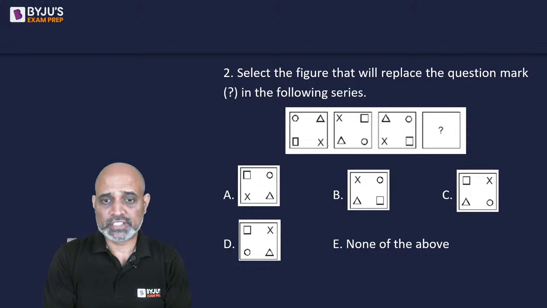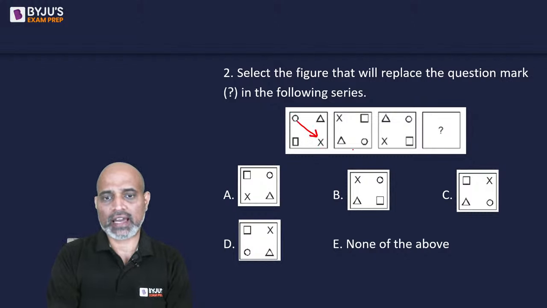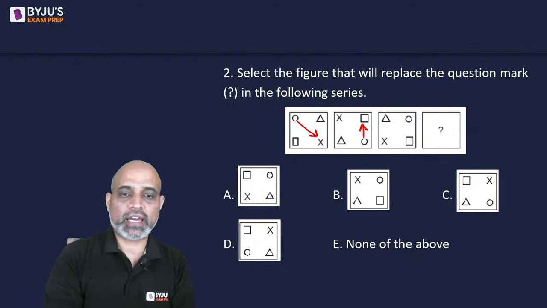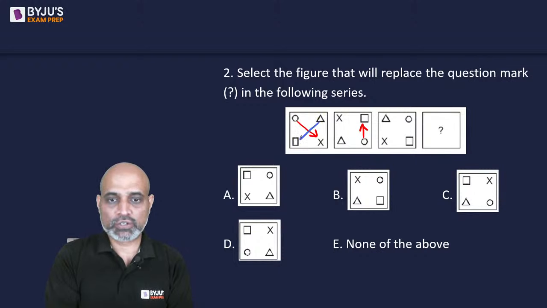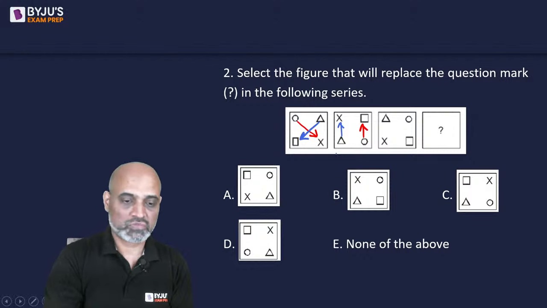So there are different figures, right? If I look at this circle, what happens? Circle goes across and then it moves anti-clockwise. If I look at the triangle, triangle goes across and then it goes clockwise. Weird.